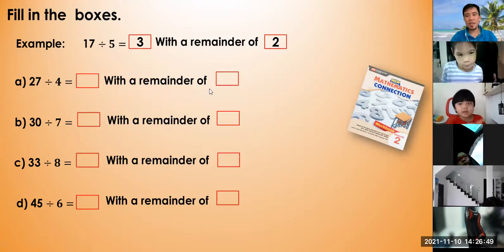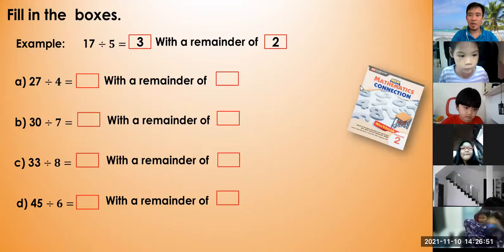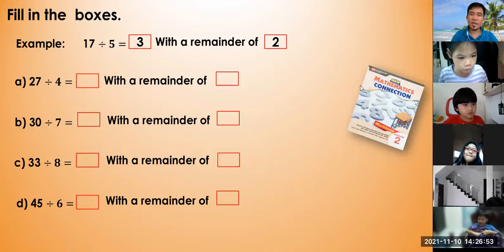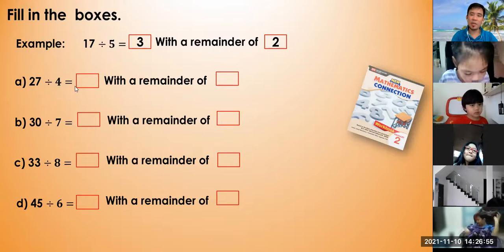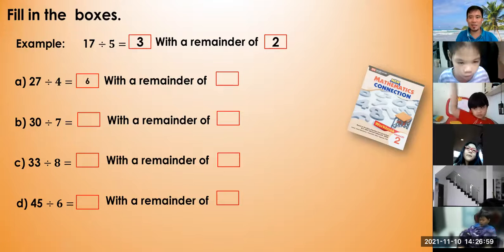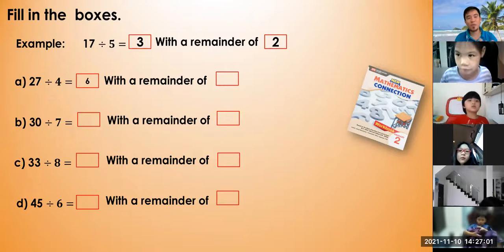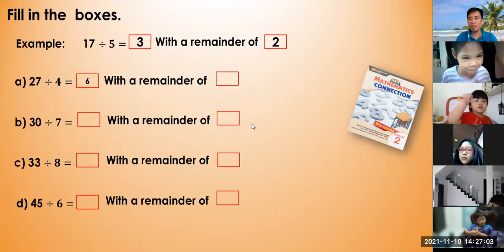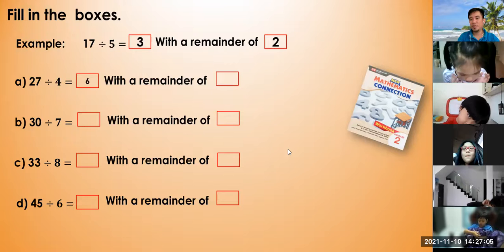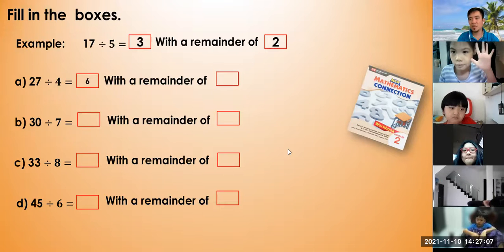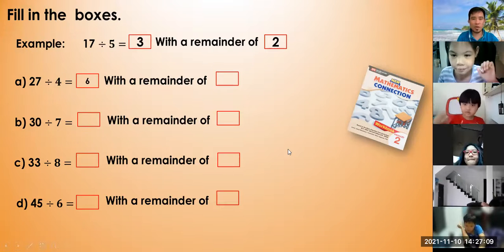Now letter A, 27 divided by 4. 27 divided by 4 is equal to 6. Why? 6 times 4 is 24. Now what is the remainder? Who can tell me the remainder? Look, Lokchub is raising her hand.